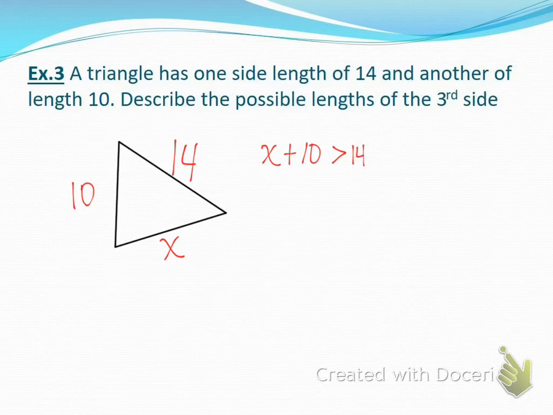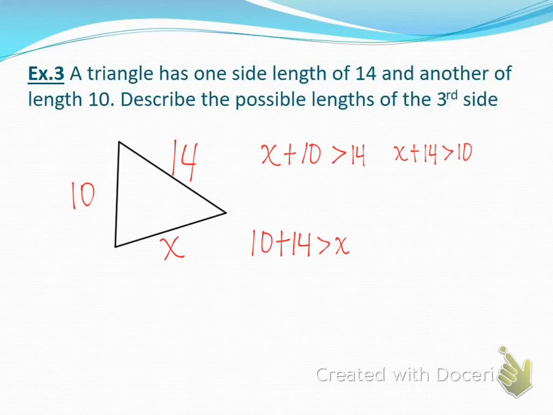We could make a statement like x plus 14 needs to be bigger than 10, which of course is one of the ones that seems kind of silly. And we also can make a third statement that says 10 plus 14 has to be bigger than x.